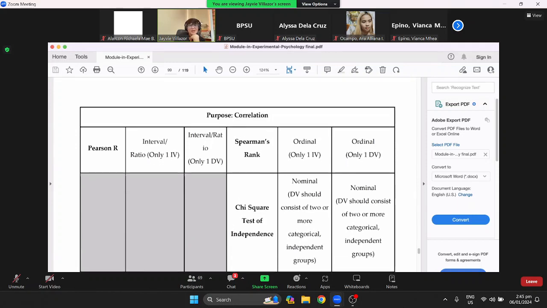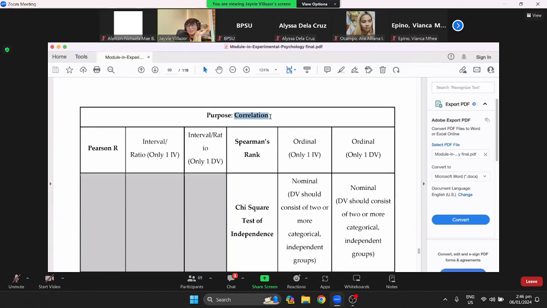Punta naman tayo kay correlation. Okay? Sa correlation, guys, again, pag sinabi natin correlation, walang cause and effect relationship dito. That is just na sinasabi lang natin when one independent variable goes up, the other variable will go up as well, or depende. Okay? So again, when we talk about correlation, ang hinahanap lang natin, number one, is there a significant relationship?